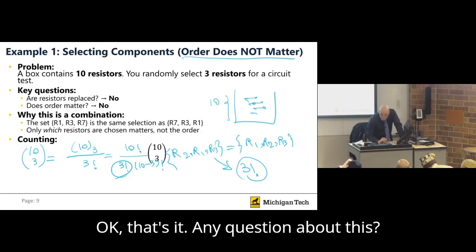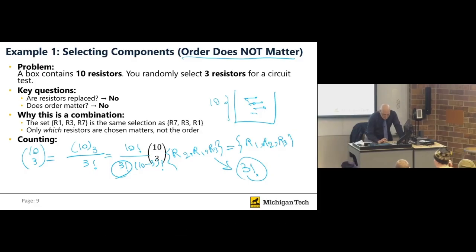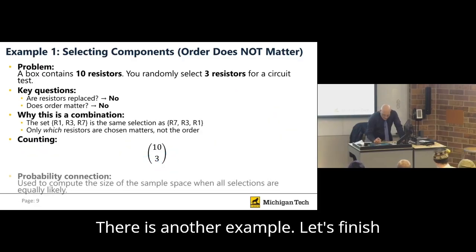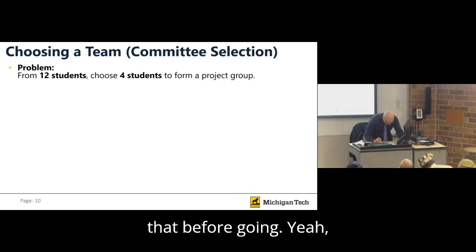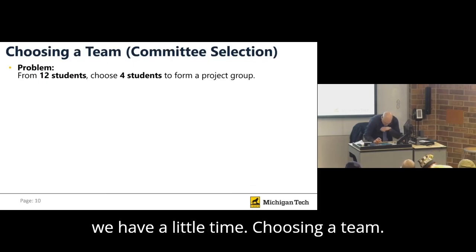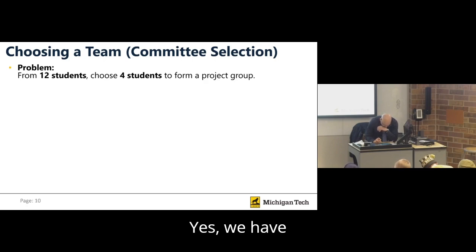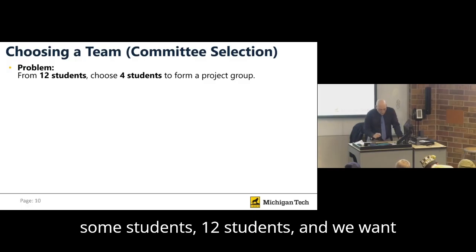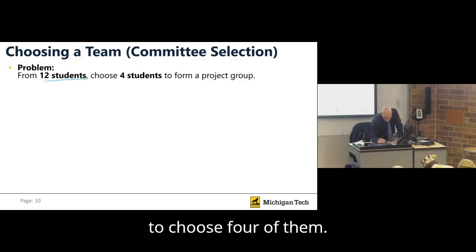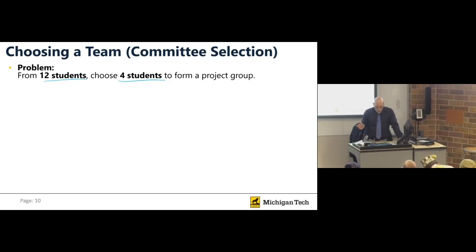Okay, any questions about this? There is another example. Let's finish that before going. Yeah, we have a little time. Choosing a team. We have 12 students, and we want to choose 4 of them.